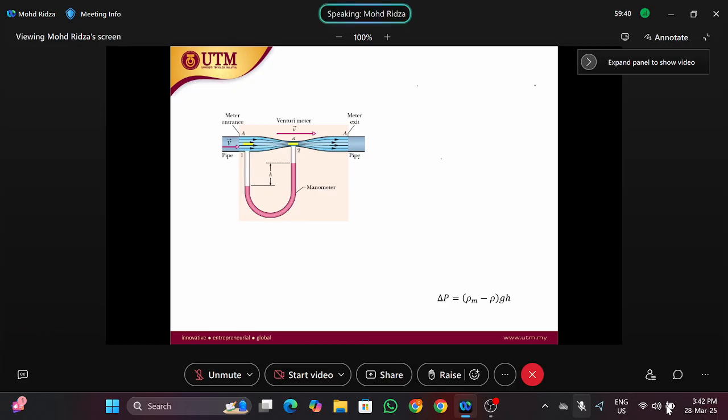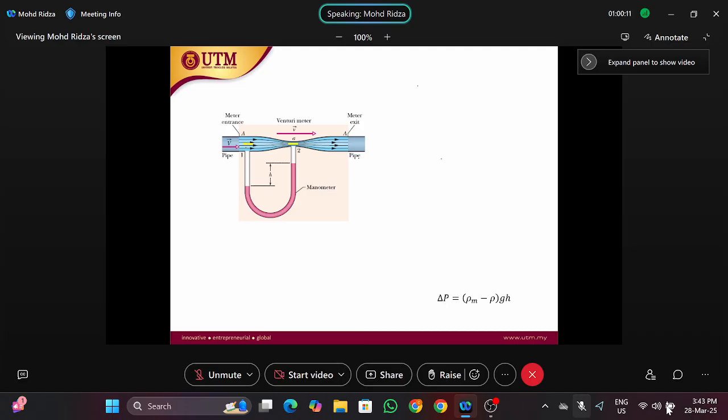Okay, so this is a venturimeter. You have a bigger diameter pipe. The water is moving, and then you have a smaller diameter pipe. When the water flows from a larger area to a smaller area, the velocity will increase. So the velocity at this throat, point 2, is higher than the velocity at point 1, the larger diameter pipe.